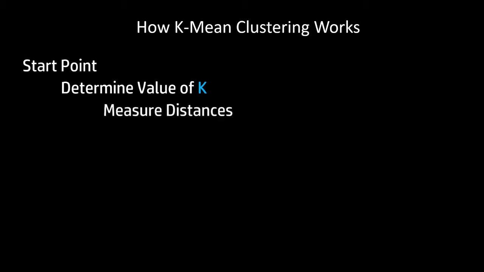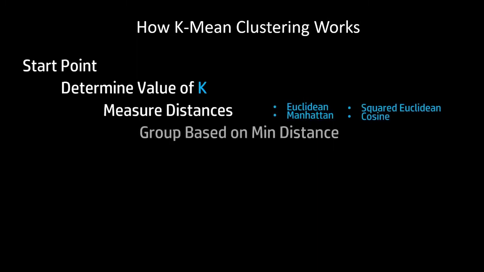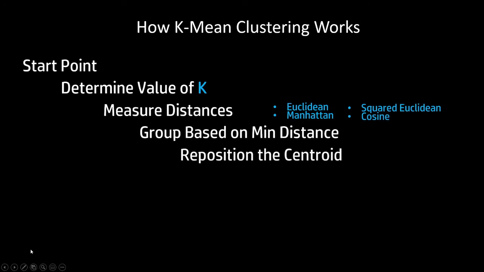Then we're going to measure that distance, and you can use one of the 4 options here. Then we group based on that minimum distance, like I just showed, with the centroids and all the different points. And then the next thing that we're going to do is reposition the centroid.